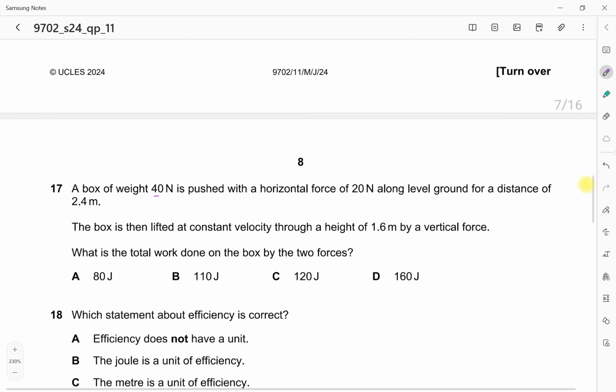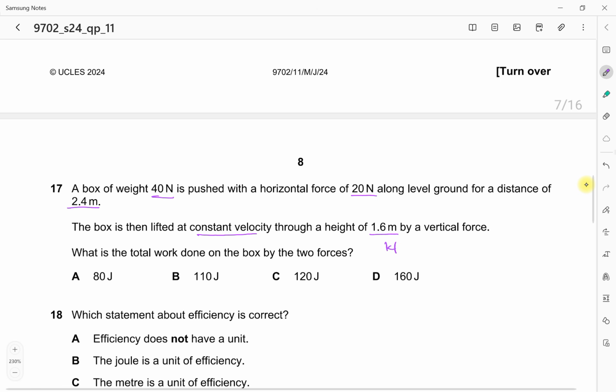A box of weight 40 newtons is pushed with a horizontal force of 20 newtons along the ground for a distance of 2.4 meters. The box is then lifted at a constant velocity through a height of 1.6 meters by a vertical force. What is the total work done on the box by the two forces?